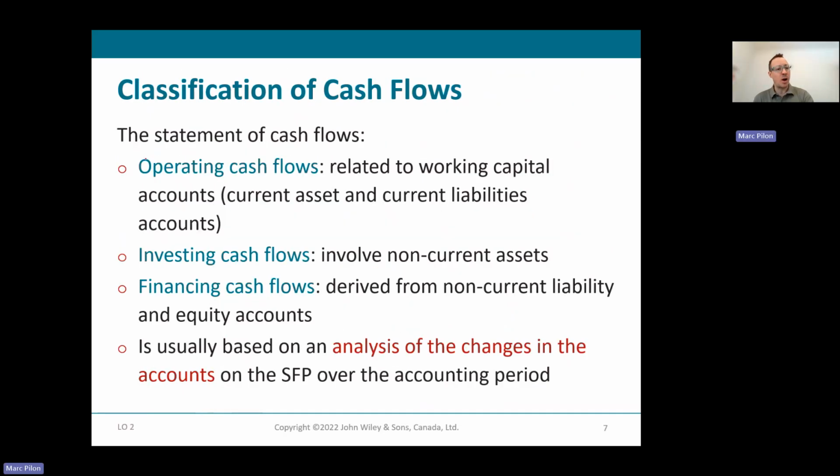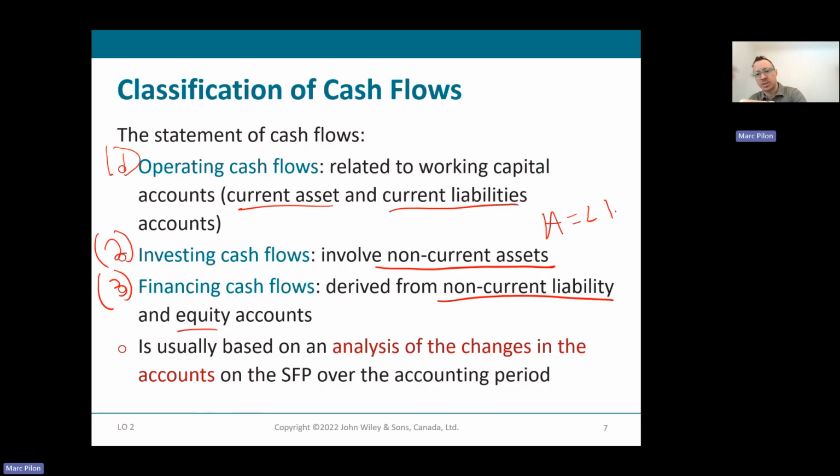So like I said, we have operating activities, we have investing activities, and we have financing activities. Operating activities are current assets and current liabilities. Investing activities are non-current assets. Financing activities are non-current liabilities and equity. Okay, in terms of assets equals liability plus equity.